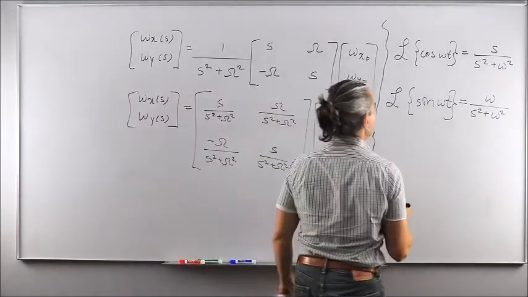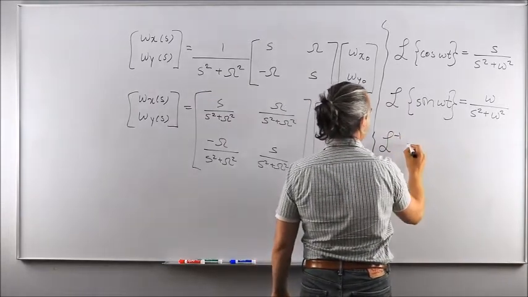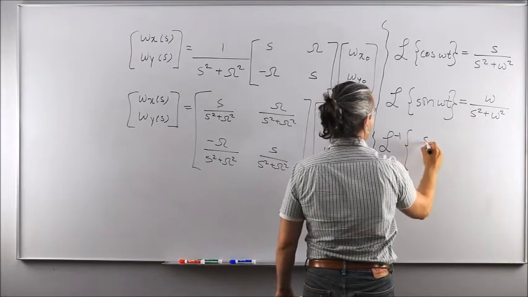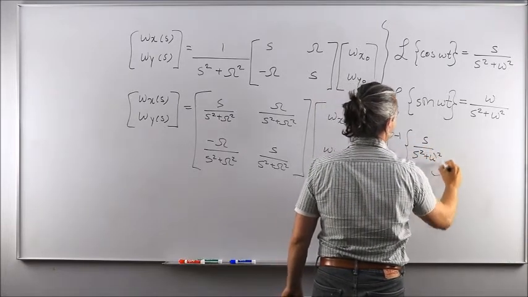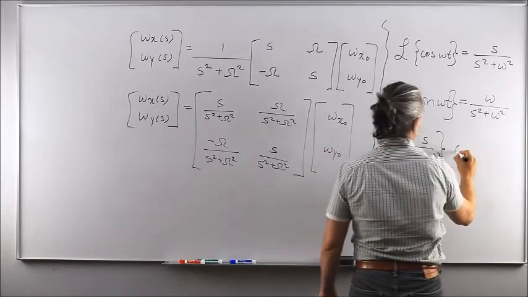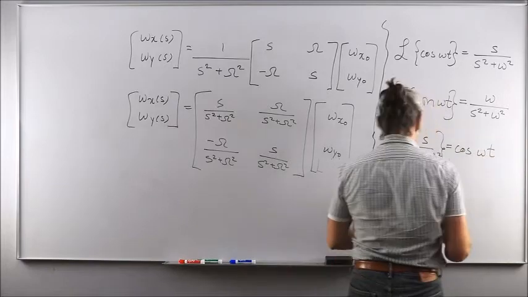And those two things mean that taking the inverse Laplace transform of S over S squared plus omega squared would give back cos of omega t.